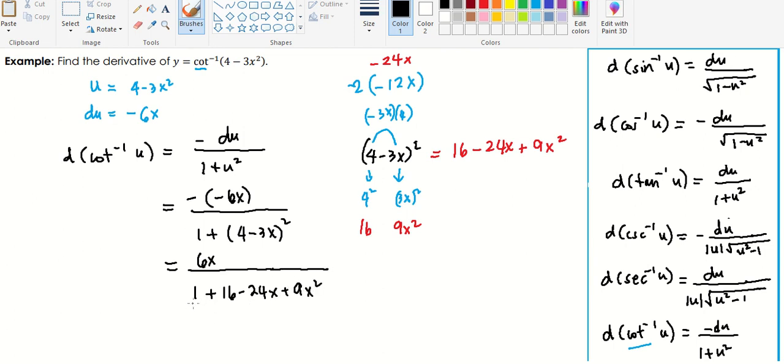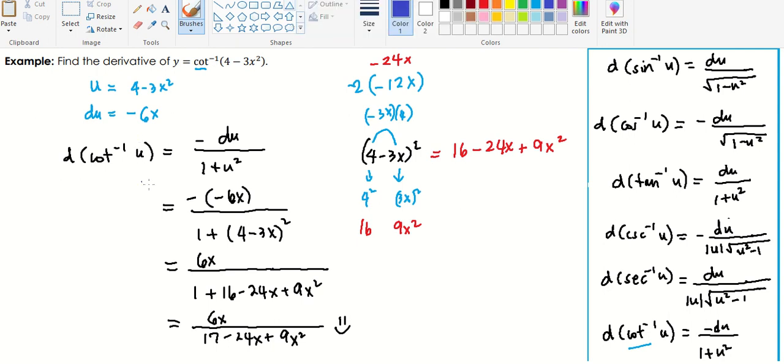Now, since this is constants, we have 1 plus 16 will give us 17 minus 24x plus 9x squared. Alright? So this is our final answer.